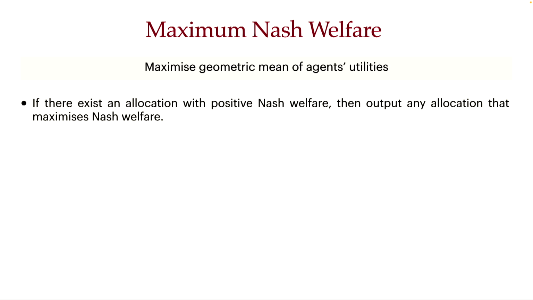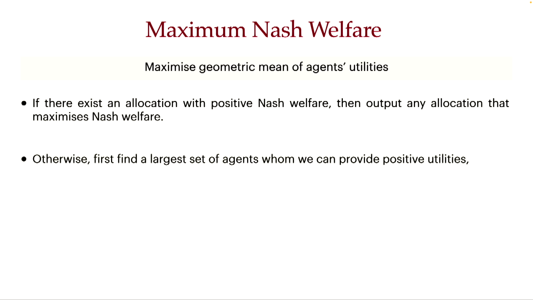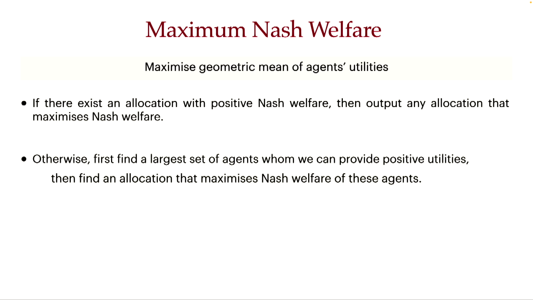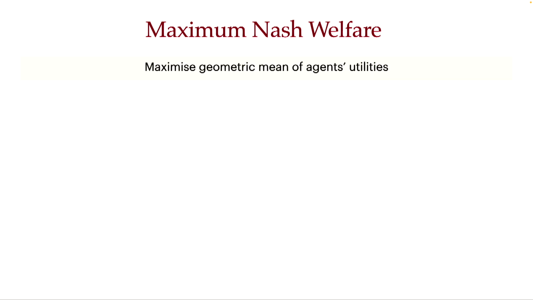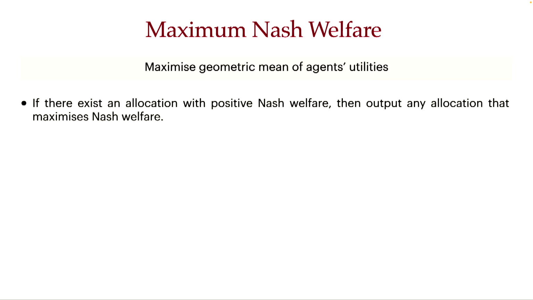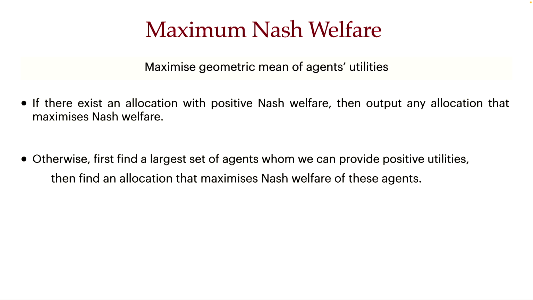Otherwise, first find a largest set of agents whom we can give positive utilities, and out of that you want to find an allocation that maximizes Nash welfare of these agents. This they just redefined in the fair allocation literature to avoid this 0 thing. Is the definition clear?